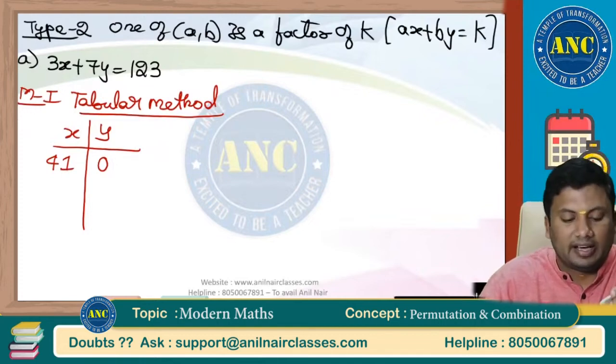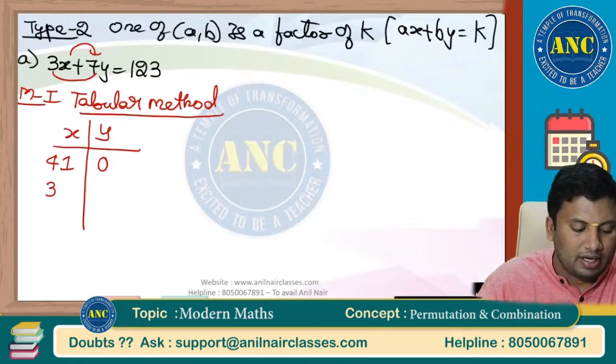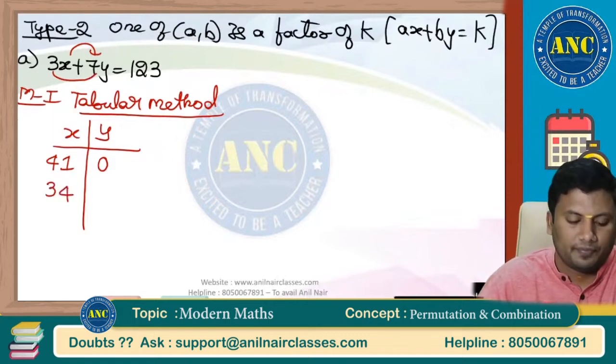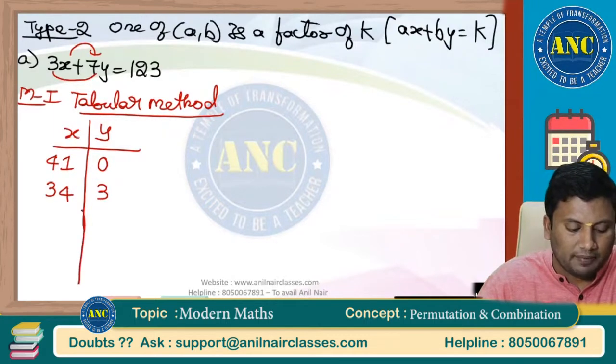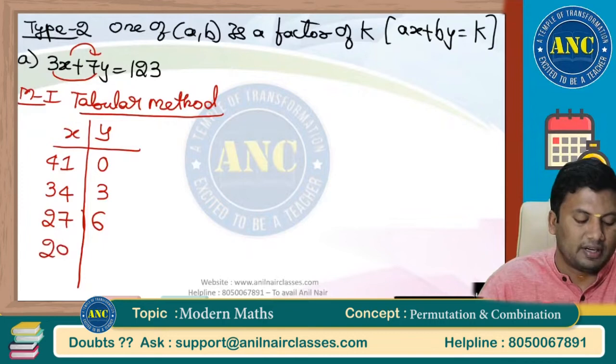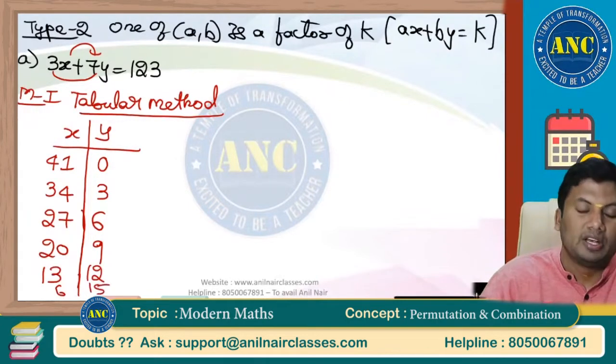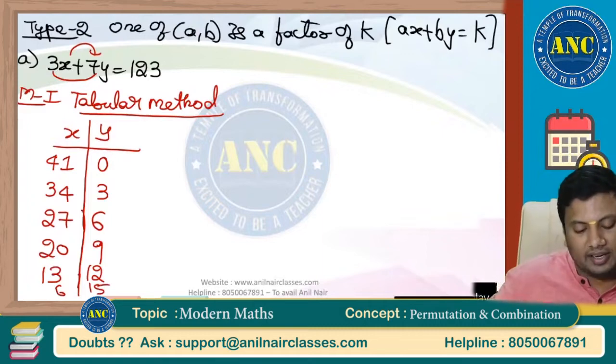If x decreases by 7, y increases by 3. Decreases by 7, increases by 3, and it continues like this. Six further 7 decrease, I will get negative.